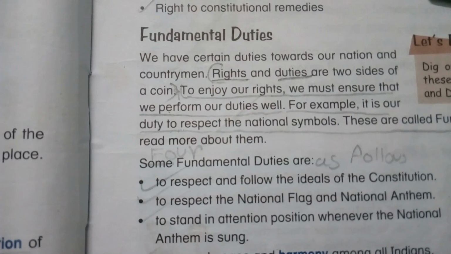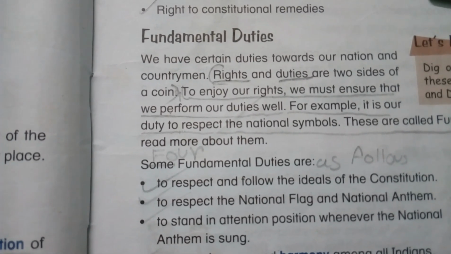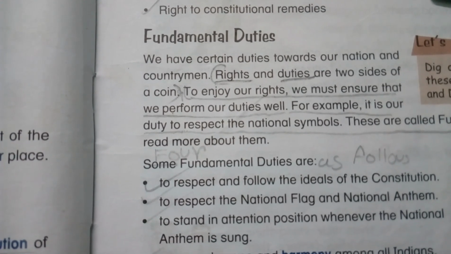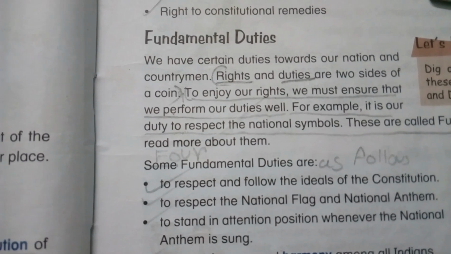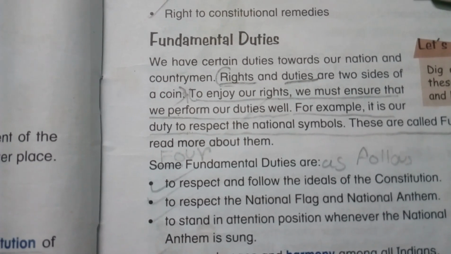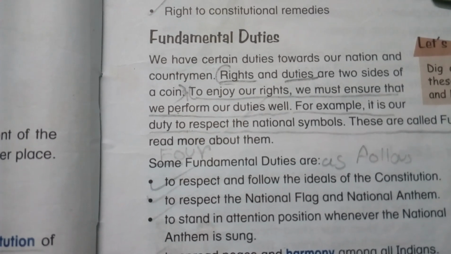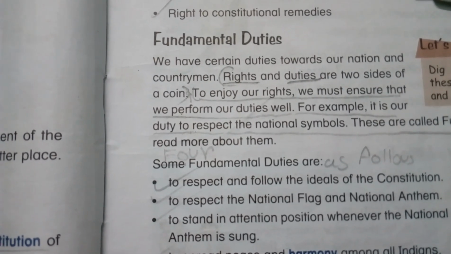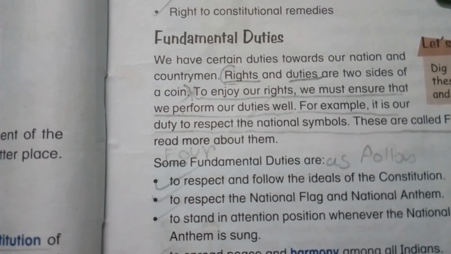In the Constitution are written the fundamental rights, and these fundamental rights as a citizen we enjoy. So to enjoy the fundamental rights we should also do some fundamental duties, and that is why rights and duties are 2 sides of a coin.